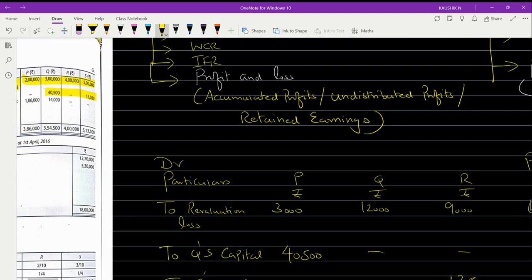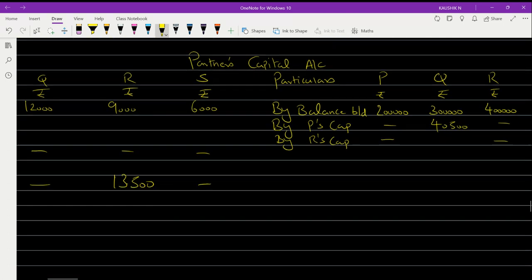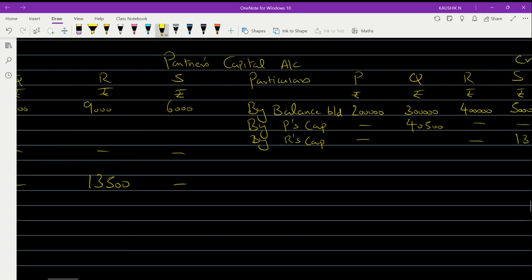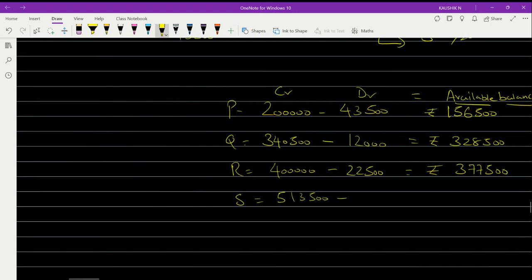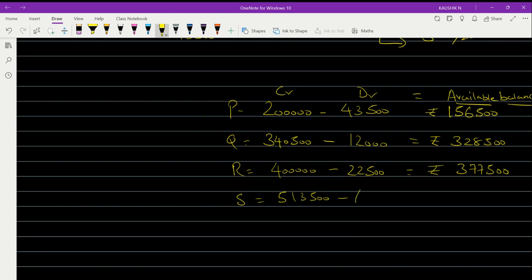On the debit side of the partner, how much do you have? Difference.